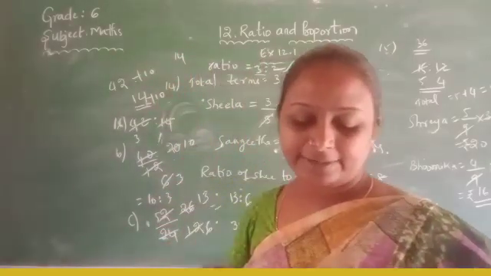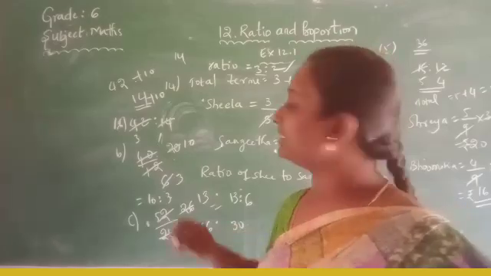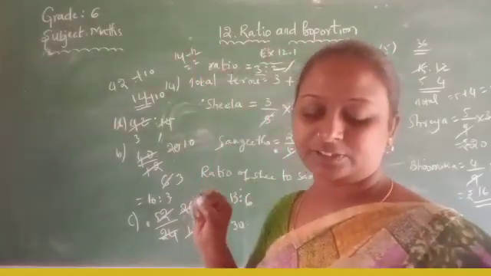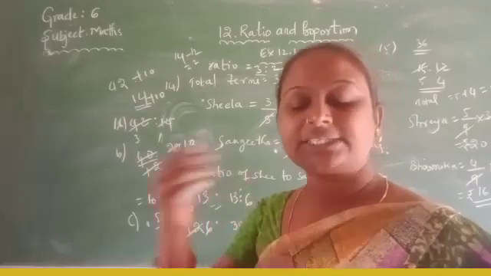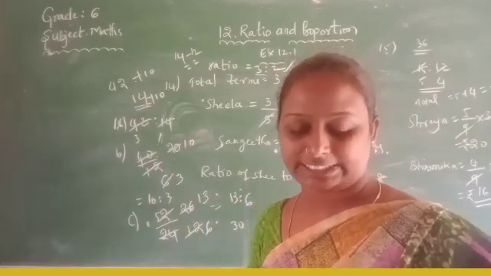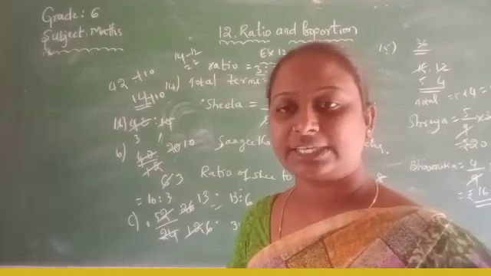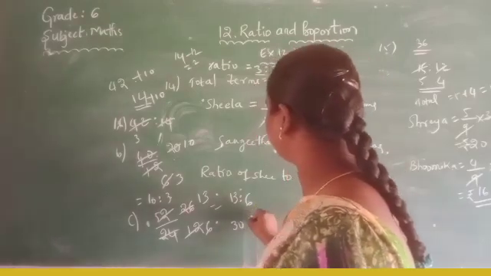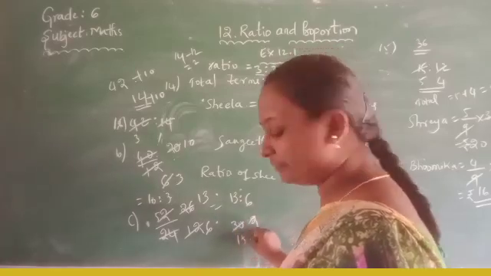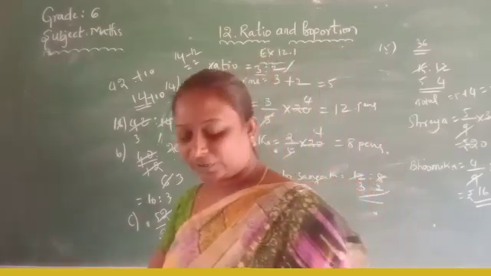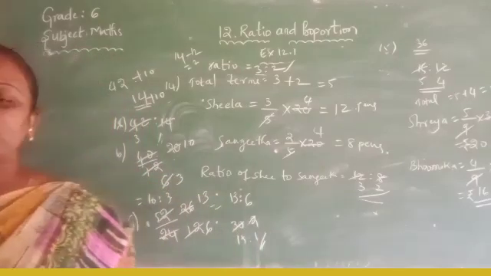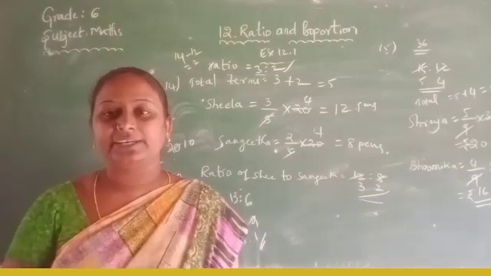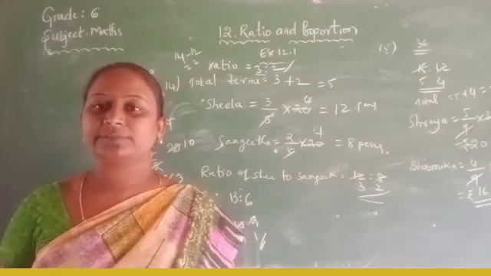So at the time when the father was 30, the son was 2 years. Then what is the ratio? 15 is to 1. Okay, up to now, children, in exercise 12.1, 16 problems are completed, and our next topic is proportion.